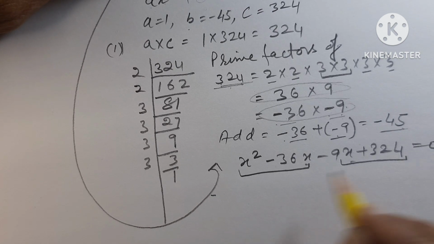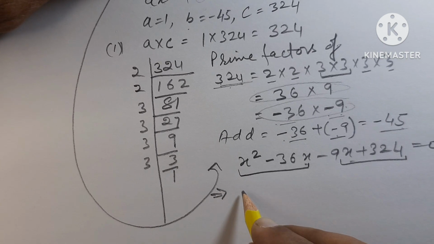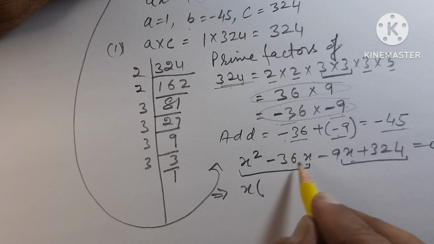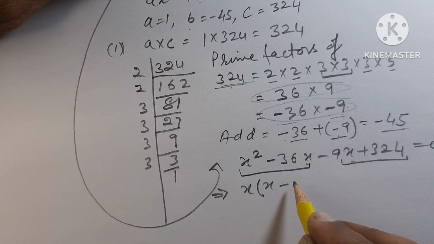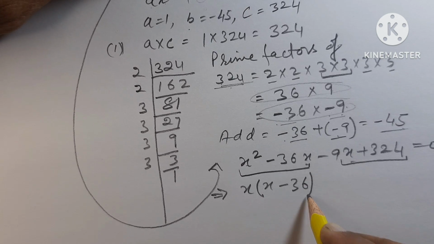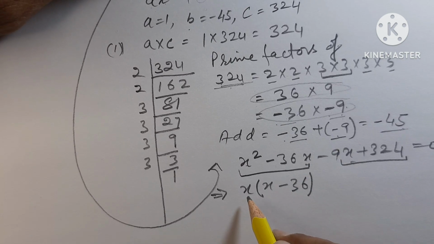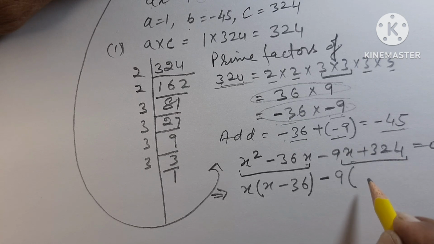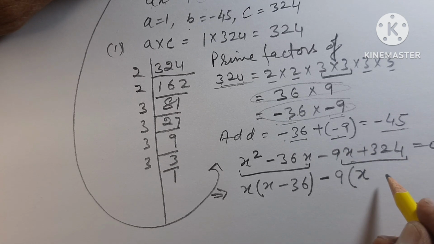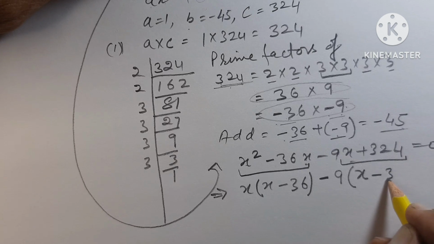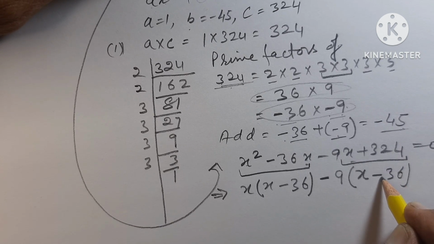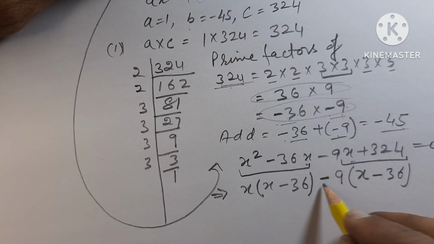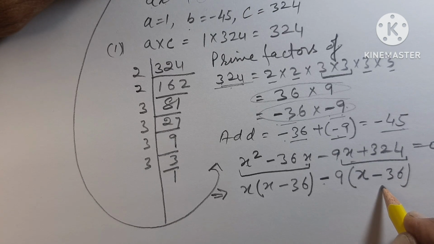It is equal to 0. That means x I am taking out common. Here it is x minus 36 because I have taken x out. Here I will take minus 9 outside. In the bracket it will be x minus 36. It will be minus because of the minus sign outside, so the internal sign will change.